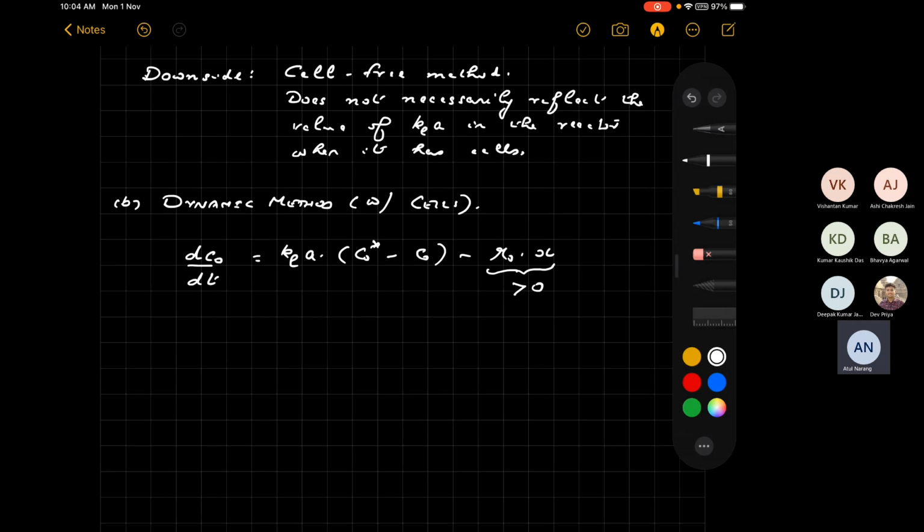Actually, this term poses no problem if we knew what its magnitude was. If we know what it is, we're still fine. We can still find out KLA. Is that part clear? So basically, we need a grip on the magnitude of ROX. If we know what it is, then we're done.